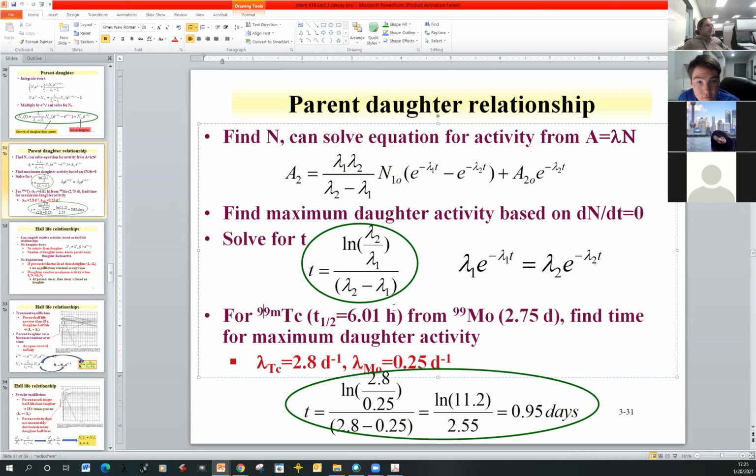But all the relationships are fundamentally solving a series of first order kinetics. What's nice about nuclei compared to chemicals is they don't vary from first order. I can heat them up, I can freeze them, they don't care. I can put them under pressure, couldn't care less.